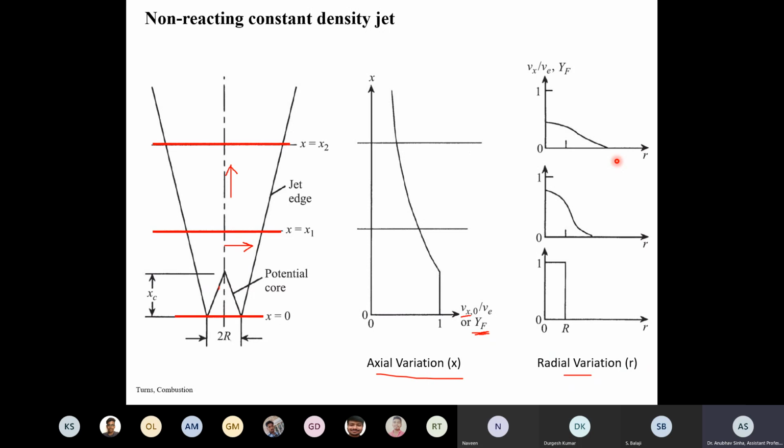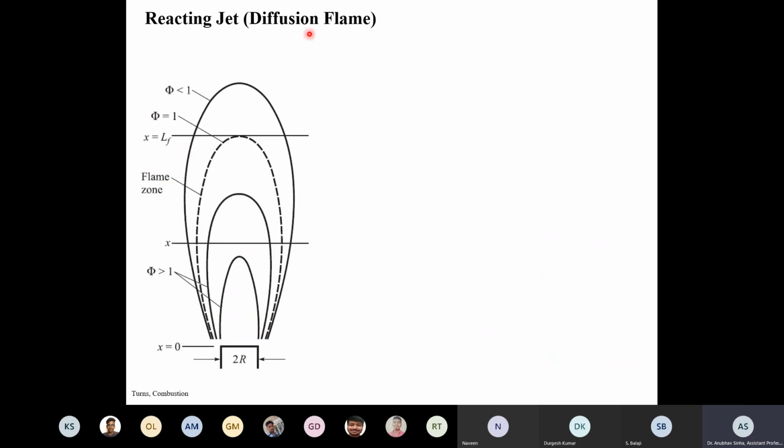Now let us go to reacting. Let us say I have a diffusion flame. So I again injected fuel here. Let us say inside some potential core there is only fuel, and then it starts to mix, what we saw in the last slide. So inside some region, if you talk about stoichiometry, phi will be more than 1, which means this inside region will be fuel rich. We have more fuel and less air.